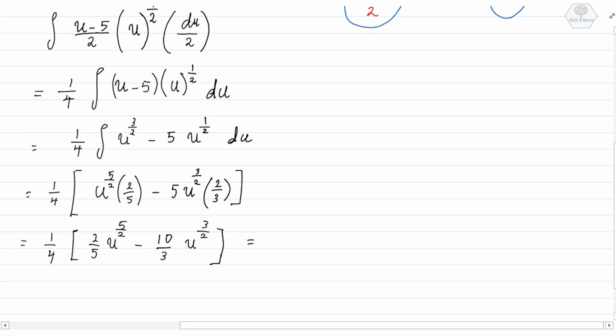This is equal to, when I want to get the 4 inside, it becomes u to the power of 5 over 2 over 10 minus 5 over 6 times u to the power of 3 over 2.